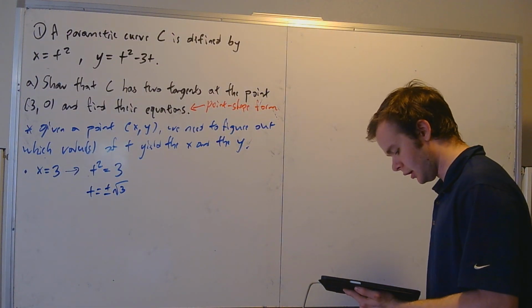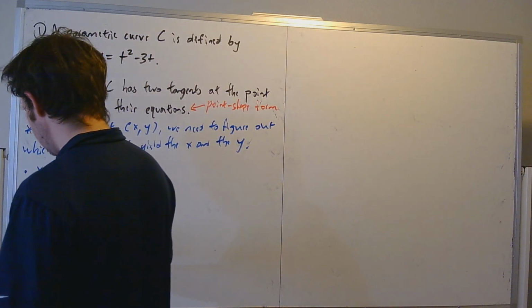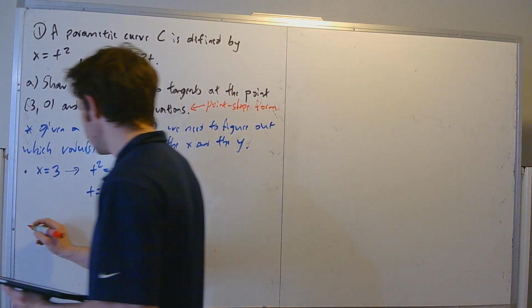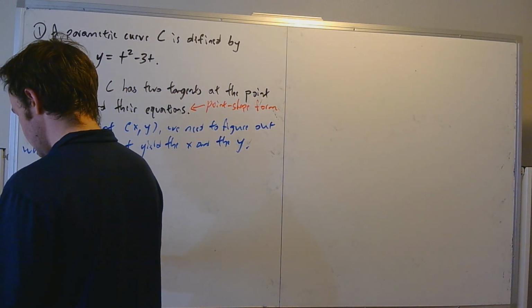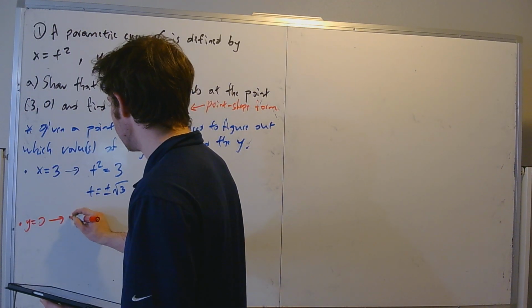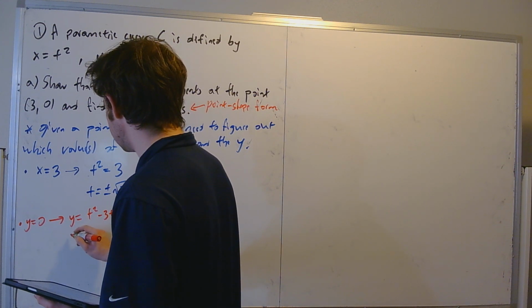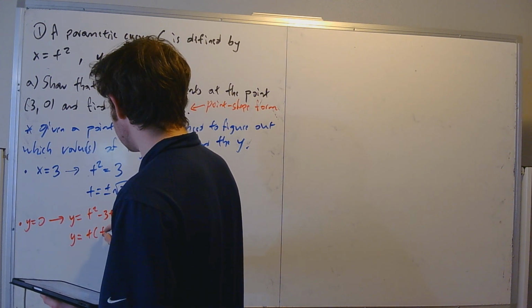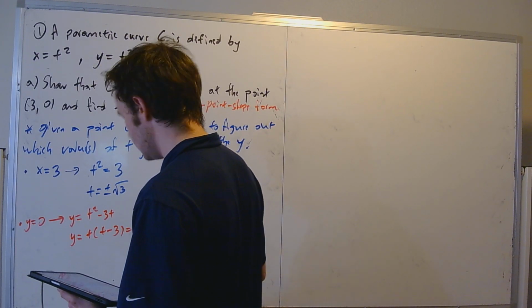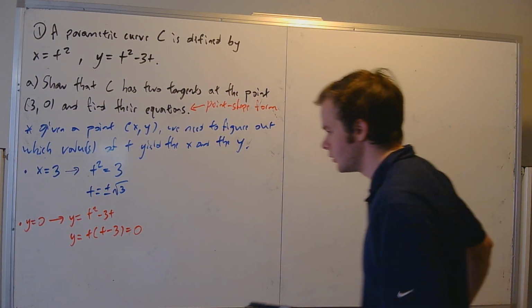Okay. And now if we plug in y equals 0, then we know that y is t squared minus 3t, which means that y equals t times t minus 3.